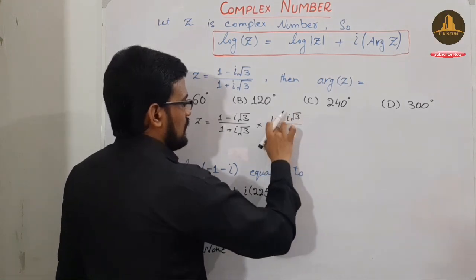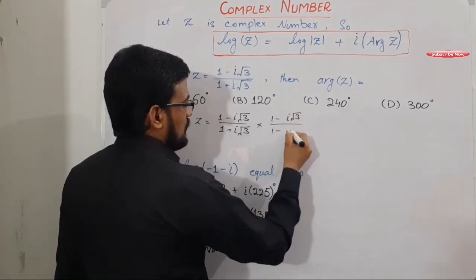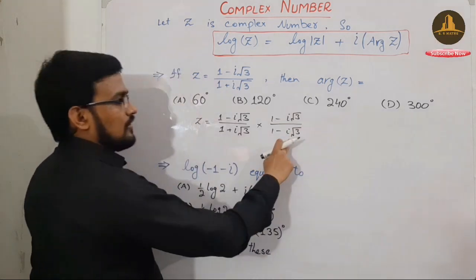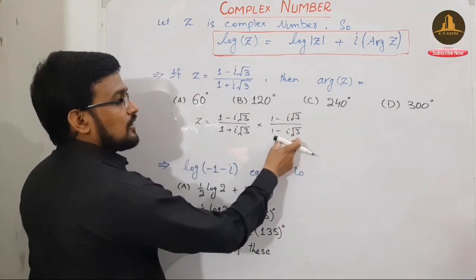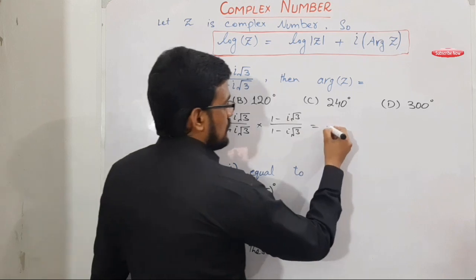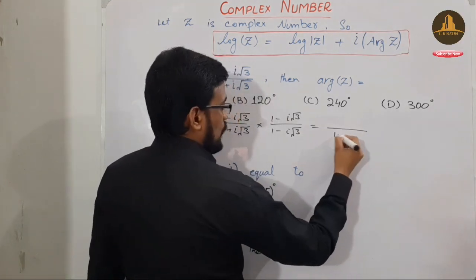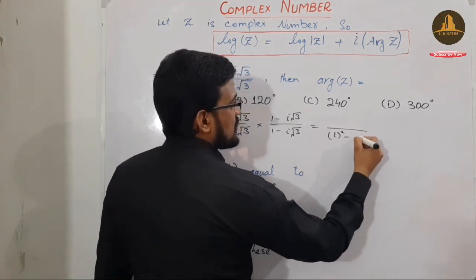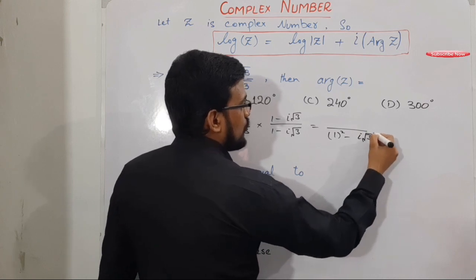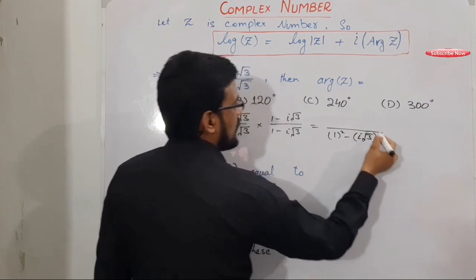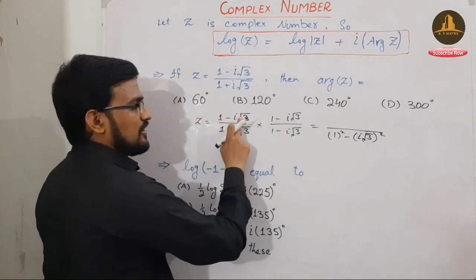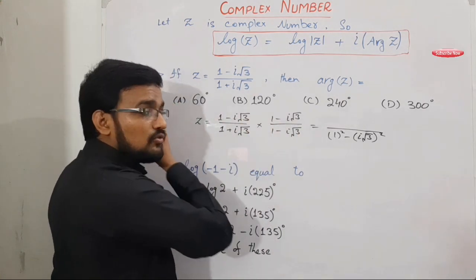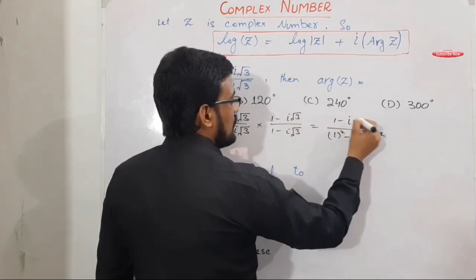In the denominator it becomes 1 square minus iota square root 3 whole square, and in the numerator 1 minus iota square root 3, 1 minus iota square root 3, it becomes the whole square.